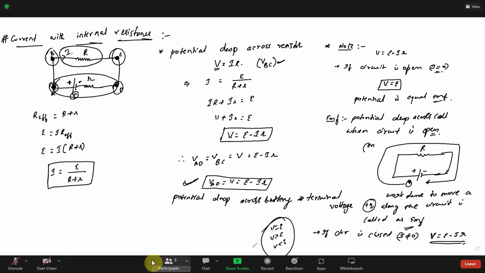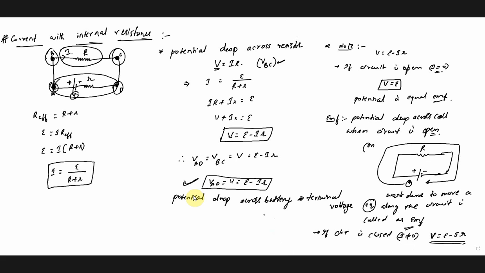E is greater than V. Very good. Right, E is greater than V, because if you subtract something from E, you are getting V. That implies V is less than E. Please remember. So what is the meaning of this? It means potential is less than the EMF. So please remember, from this equation we can say potential is less than EMF.